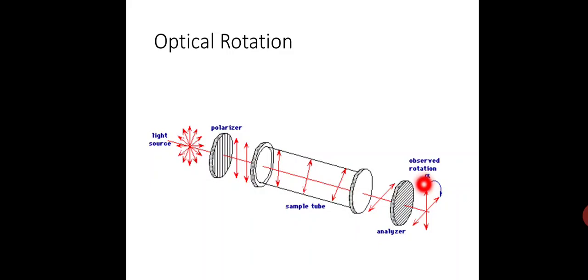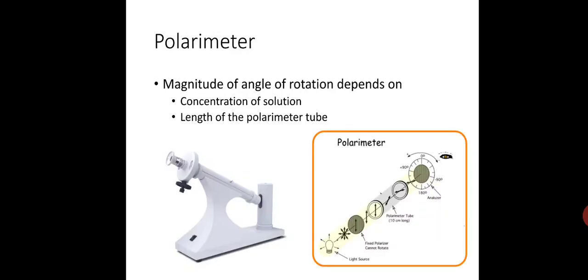This is the observed rotation when the light passes through the sample. Another nicol prism can be used in this region as an analyzer to know how many degrees the rotation is. The instrument that we use for measuring the optical rotation is the polarimeter.